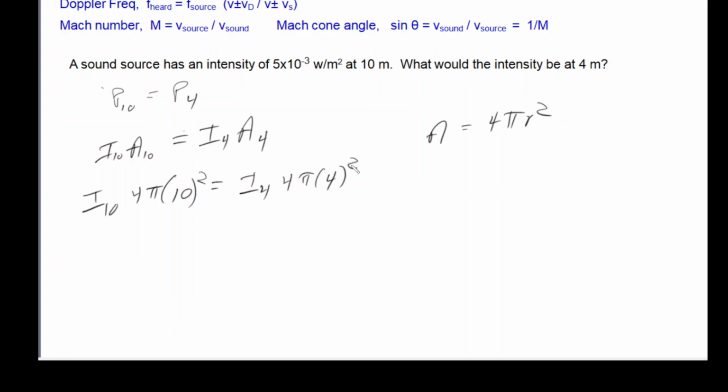And these cancel out. I at 10 is 5 times 10 to the minus 3 watts per meter squared, times 100, is equal to the intensity at 4 times 16.